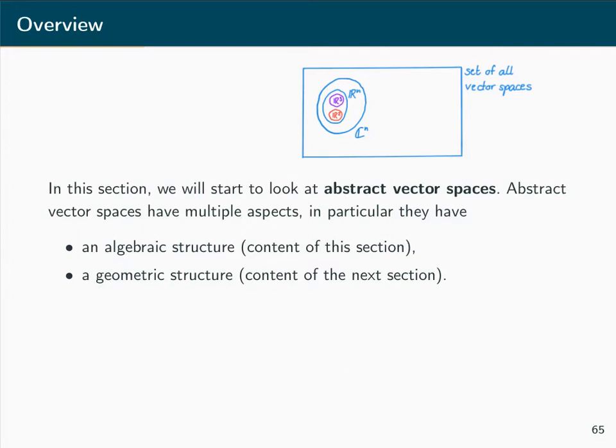And the answer to this question is that a vector space is defined by an abstract algebraic definition, which has these known vector spaces here as special cases, but which allows also the definition of many more possible vector spaces. So in this chapter, we'll get to know about the basic algebraic structure that's really at the core of every vector space.